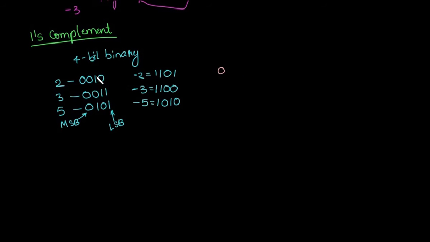Now the remaining bits are 3 bits. For a 4-bit binary number, if we take the first bit as 0, then the remaining bits are 3. This is the maximum positive value that can be represented in 1's complement, and this value is 7.